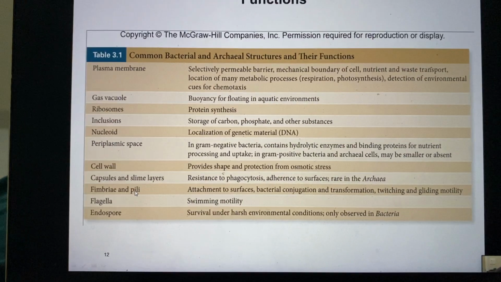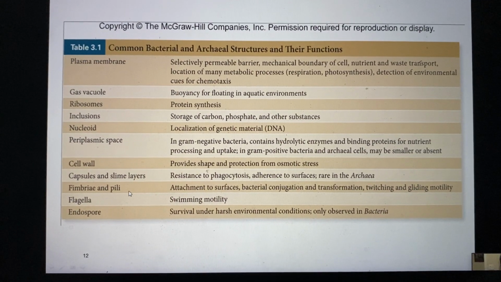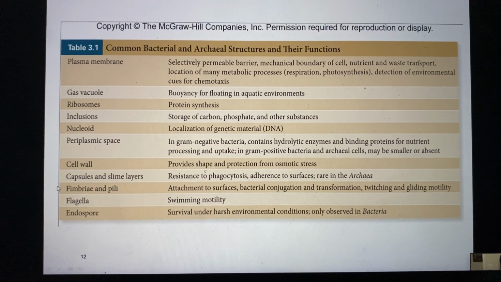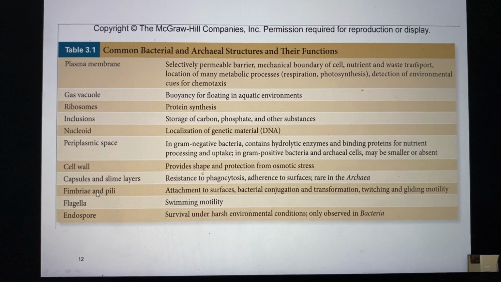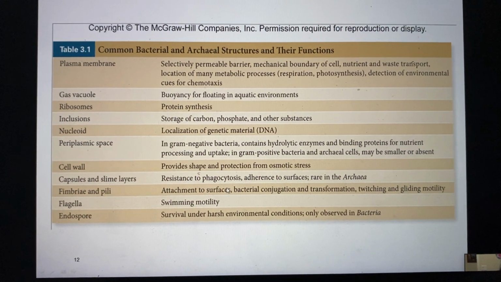And then we are familiar with the terms fimbriae and pili, which are also meant for attachment. And we know even though structurally they are very similar, pilus may be the long one, fimbriae may be the short ones.